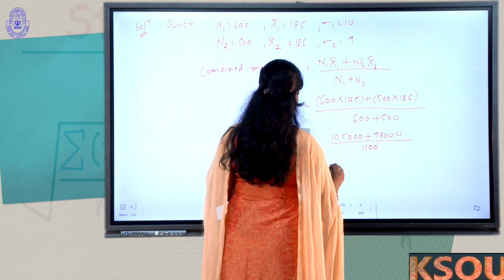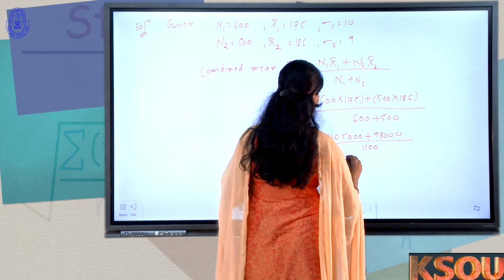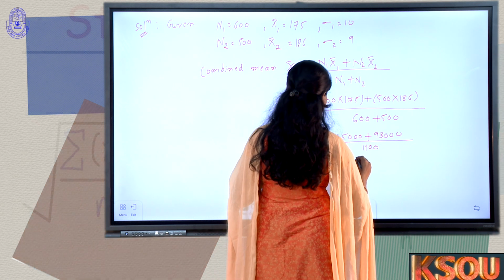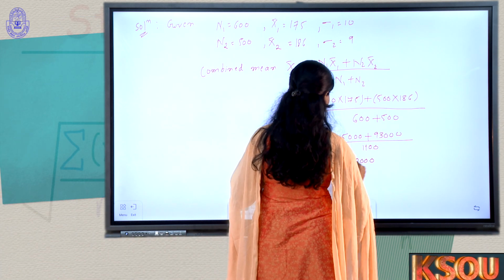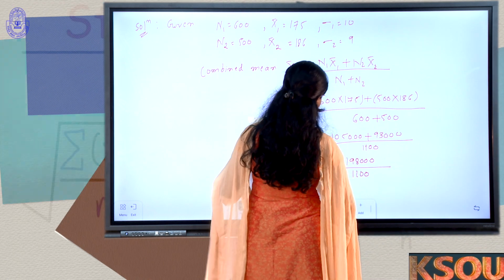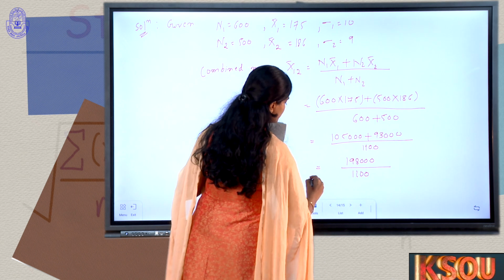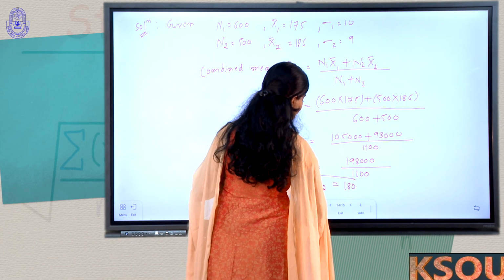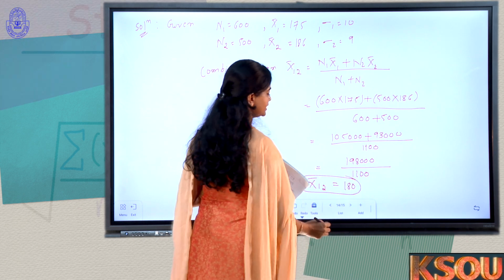So finally you will get the numerator value 1,98,000 divided by 1,100. So the combined mean is equal to 180. So that is the combined mean here.